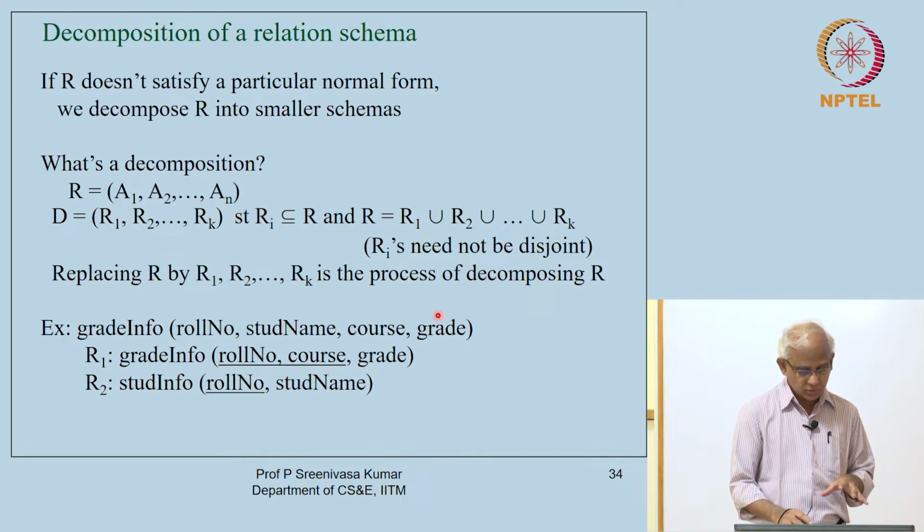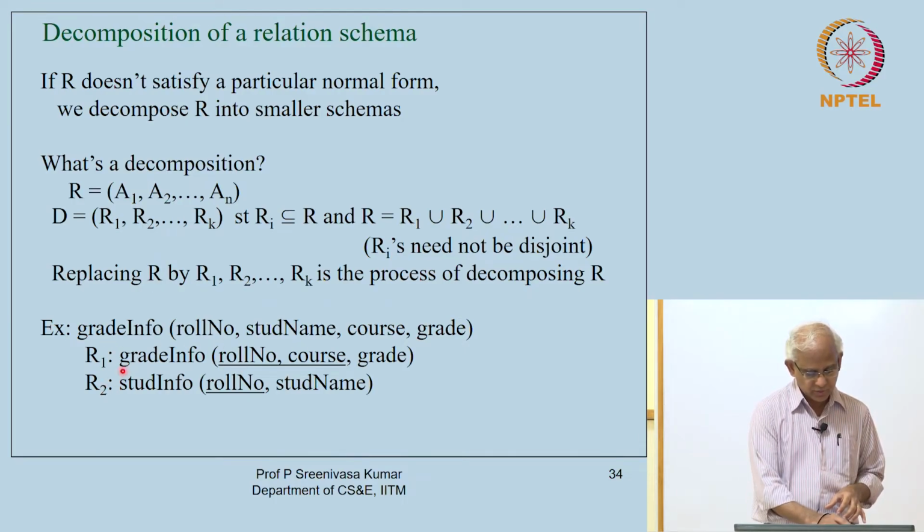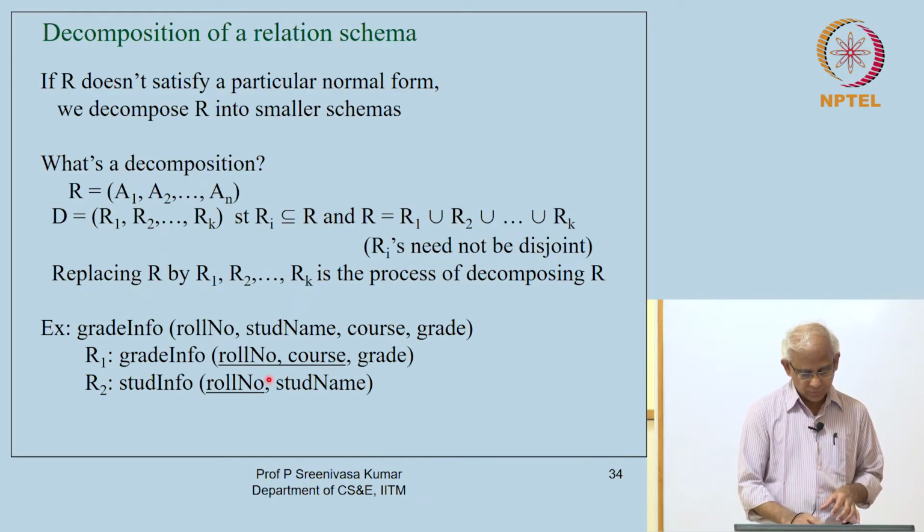During that, we decomposed this into two relations: roll number, course, grade, and roll number, student name. So here is an example. We replace this R by this R1 and R2, and the attributes are in the two relations. The union gives back the entire set of attributes.